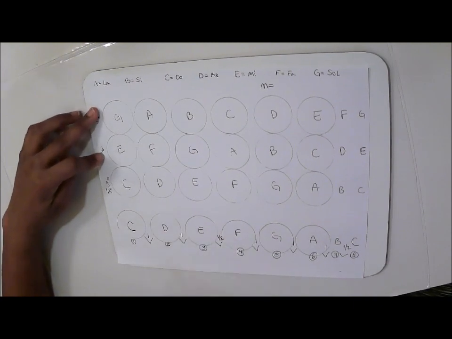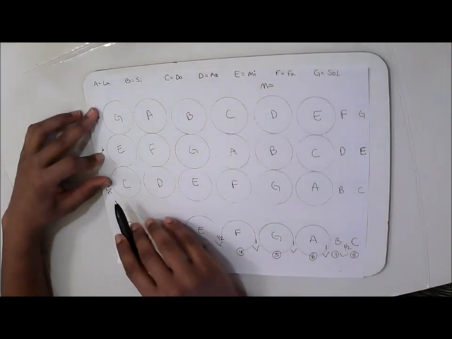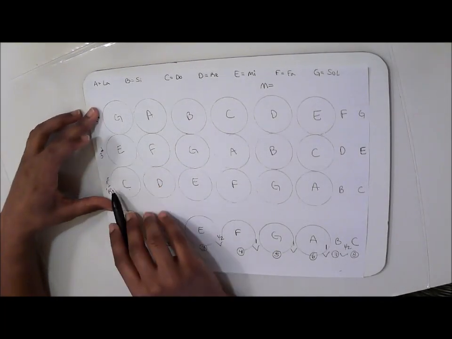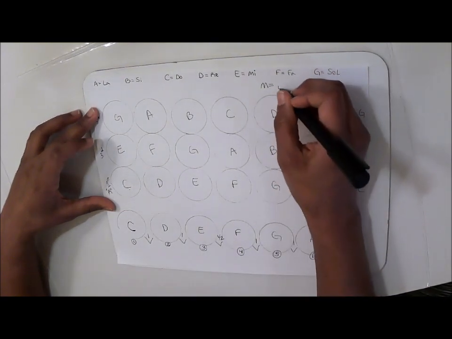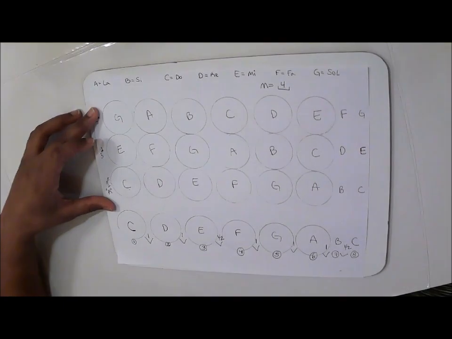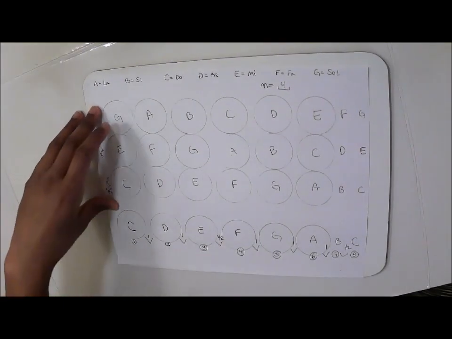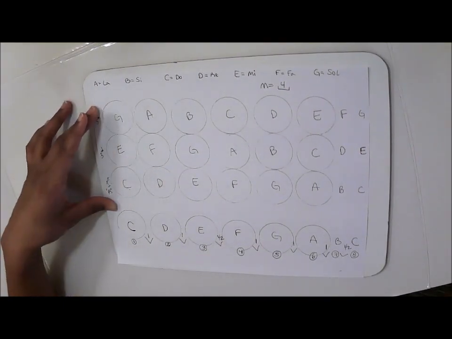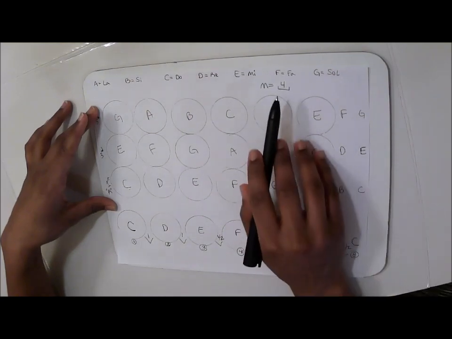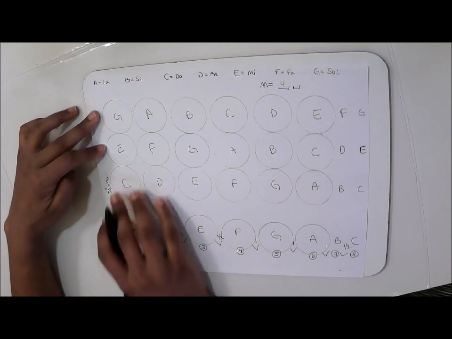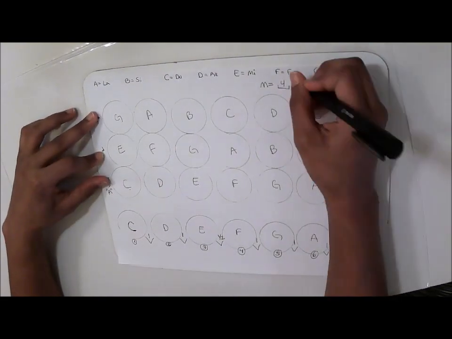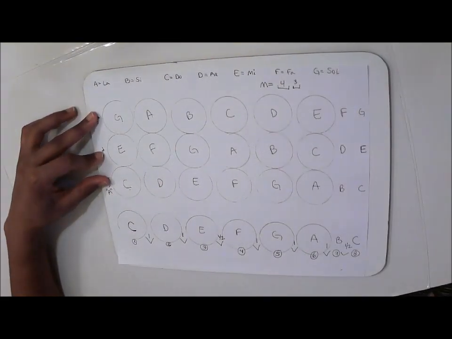For the major chord, from the root to the third, you want to have 4 semitones, which is the same as 2 steps or 2 tones. And from your third to your fifth, you want to have 3 semitones.